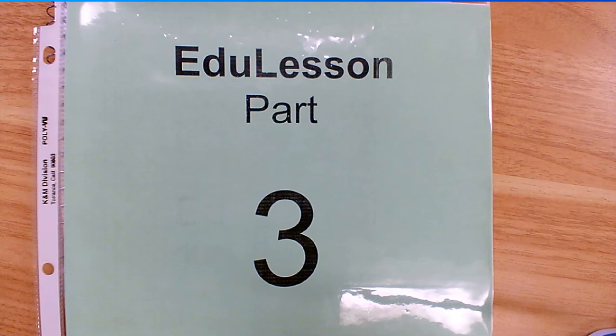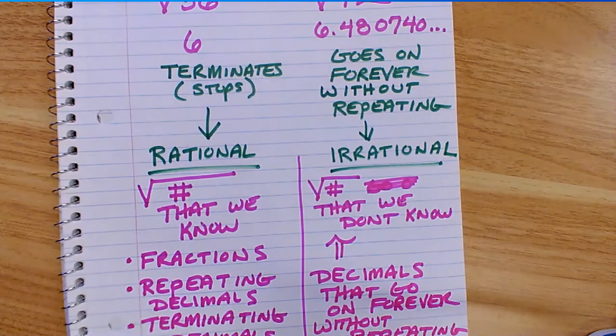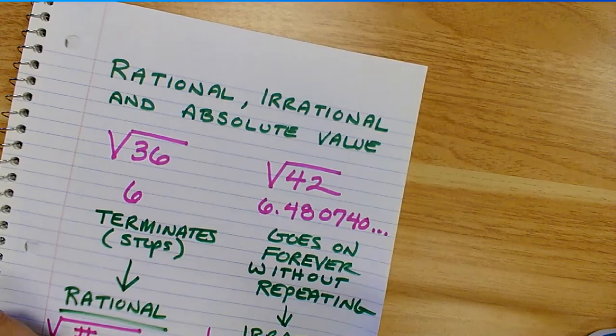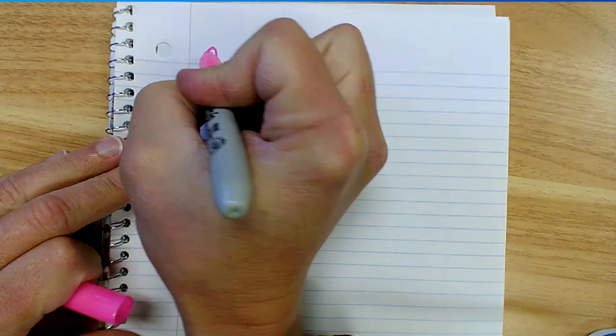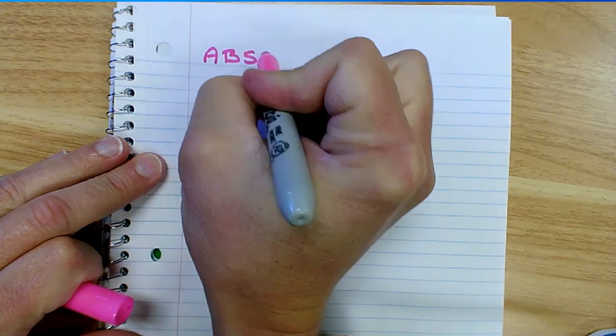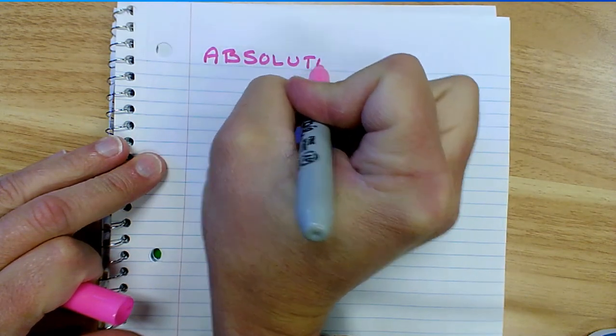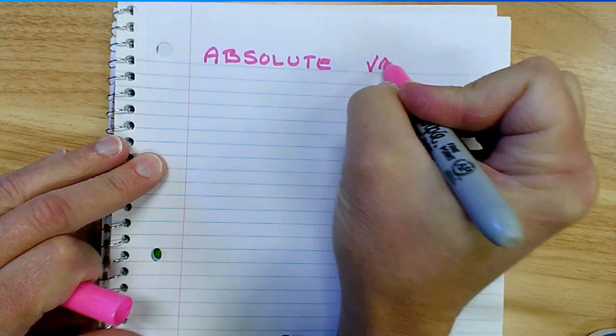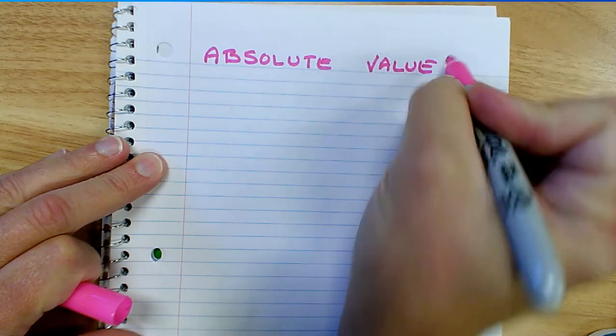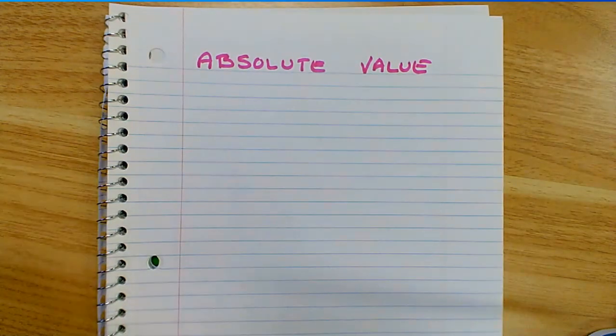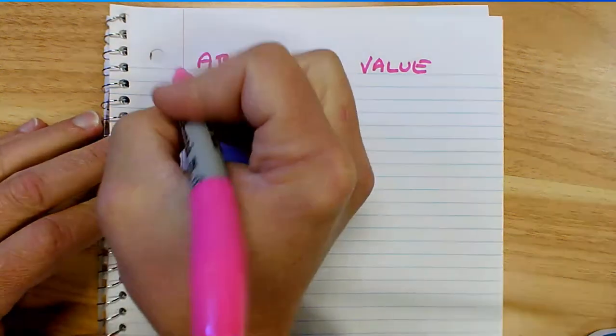Edulesson Part 3. We've talked about rational and irrational numbers, and now we're going to talk about absolute values. Absolute value makes everything positive.